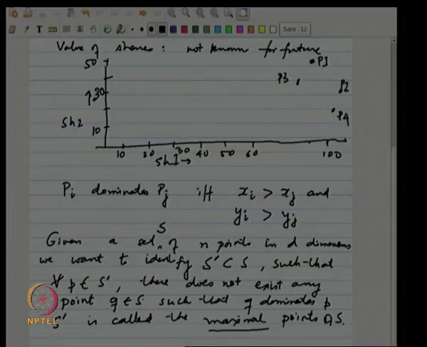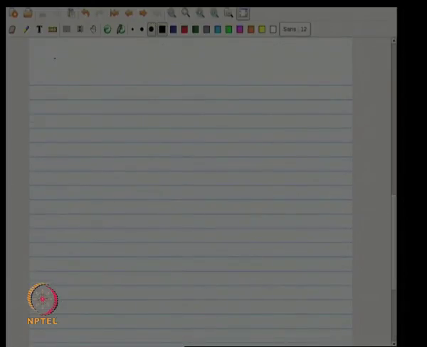And the algorithmic problem is, given a set of n points, find the set of maximal points. So, problem: find the set of maximal points.